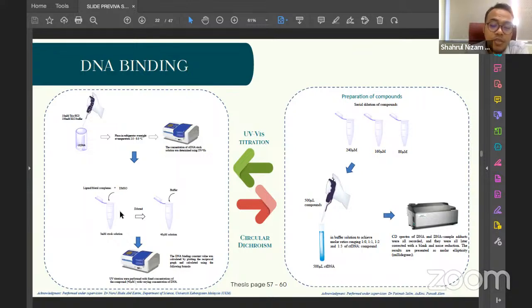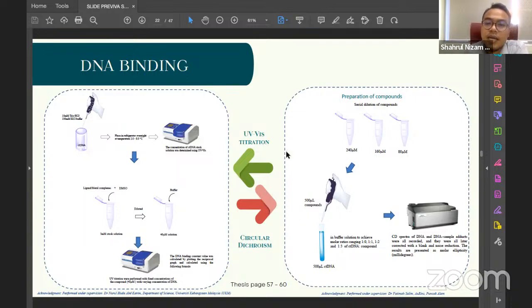Our compounds are normally soluble in DMSO. And then this is 5 millimolar of stock solution. We diluted further, we put in buffer, and then we check the UV-vis spectrum of the reaction between DNA and also our complexes.